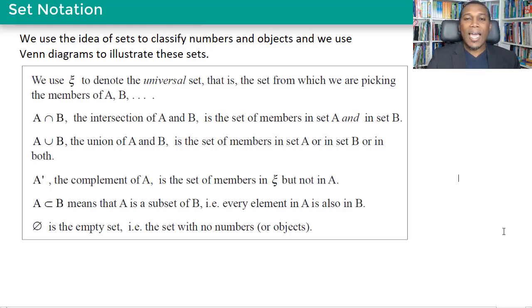Now, key ideas or concepts or terminology and notation you need to be aware of. We use a squiggly, and we won't call it squiggly. It's a Greek letter, and hopefully I get this right. That Greek letter is pronounced, it's called Xi. That's how you spell it.